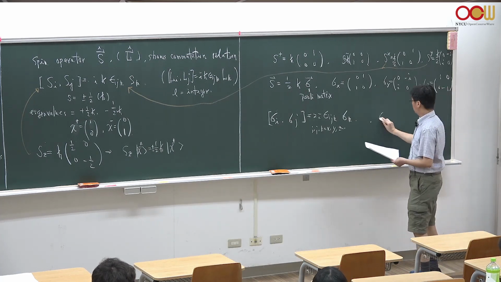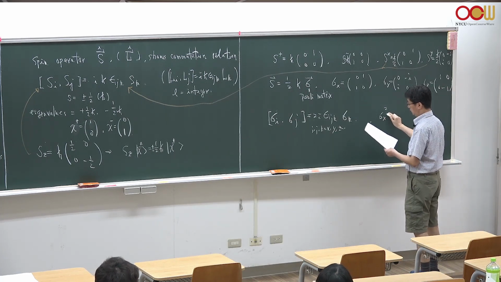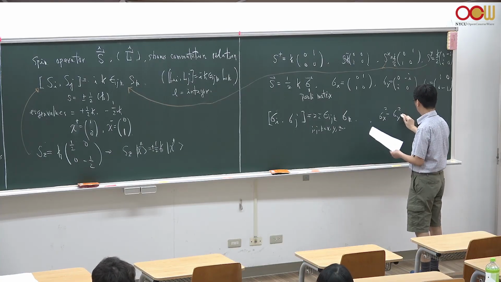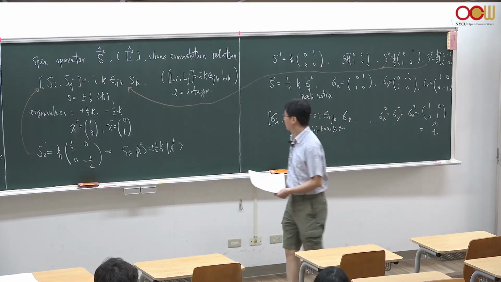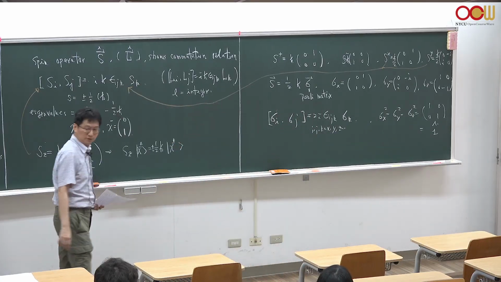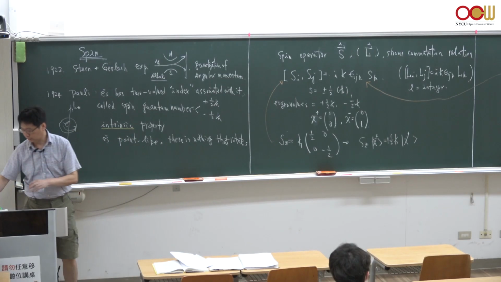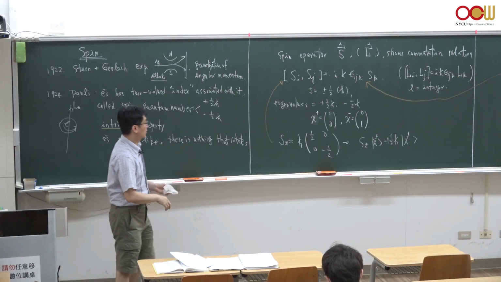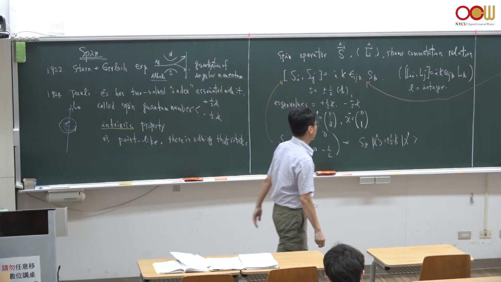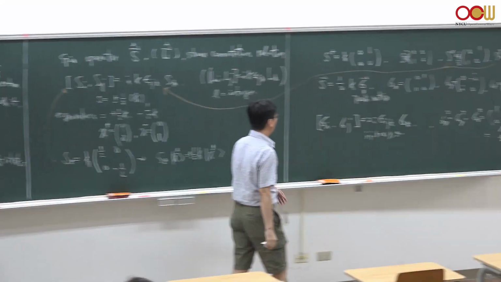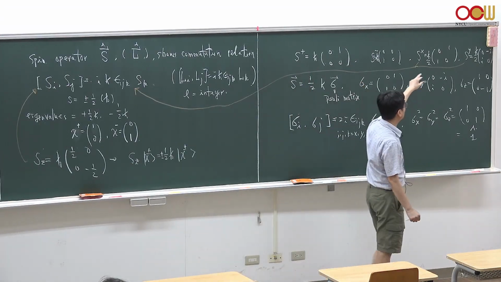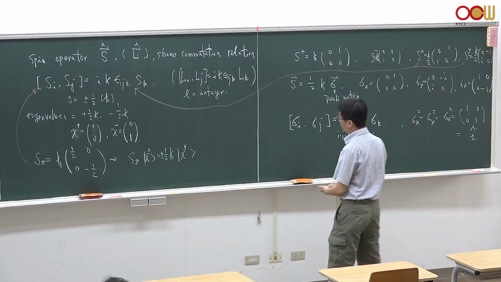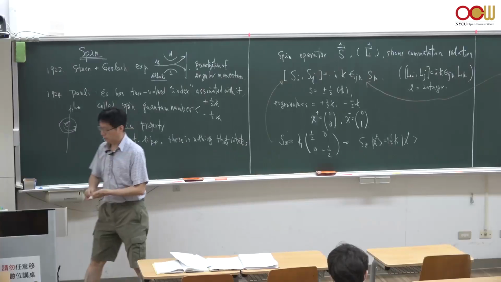If you square this Pauli matrix, you get the unit matrix 1. It is a straightforward exercise for all of you to diagonalize these 2x2 Pauli matrices or these 2x2 S operators, S plus, S minus, Sx, and Sy, in terms of the eigenstates of Sz. So let's take a short break.